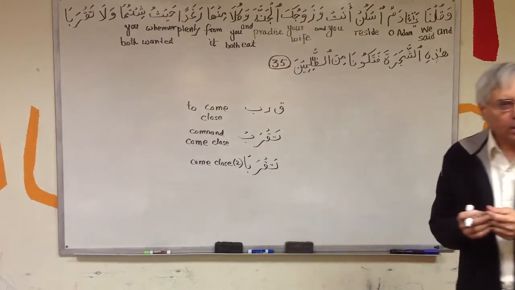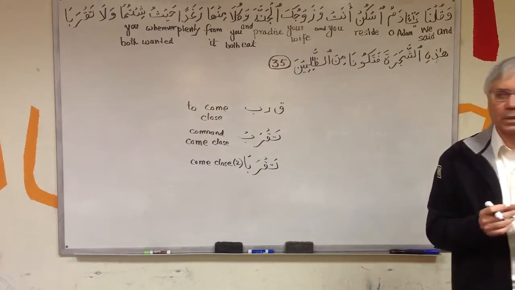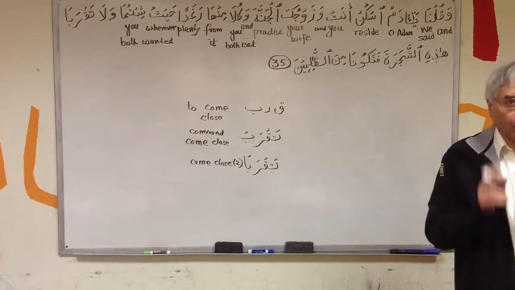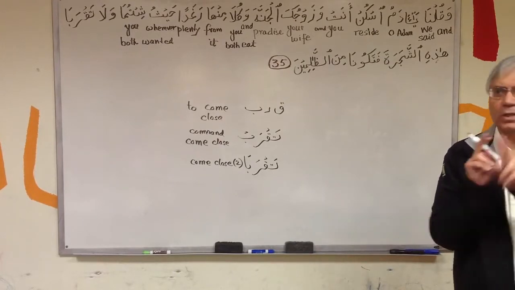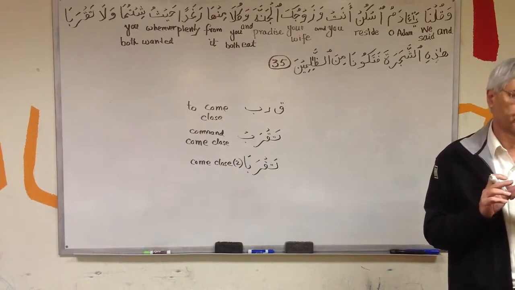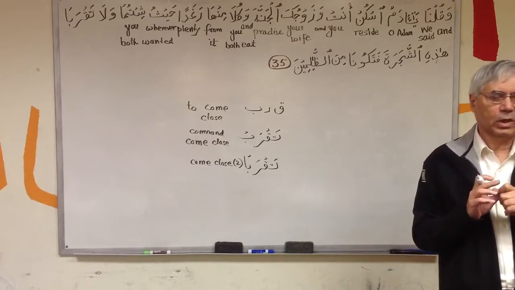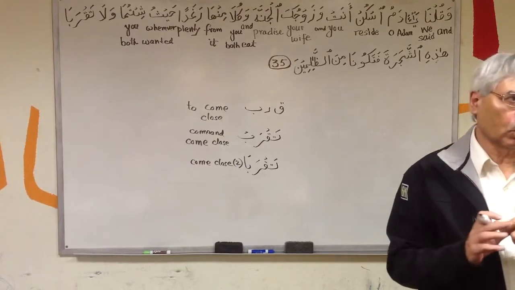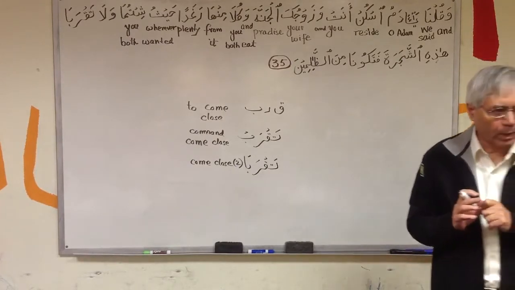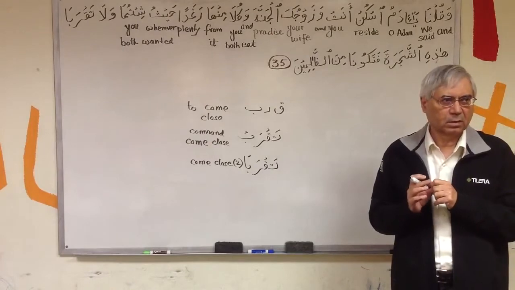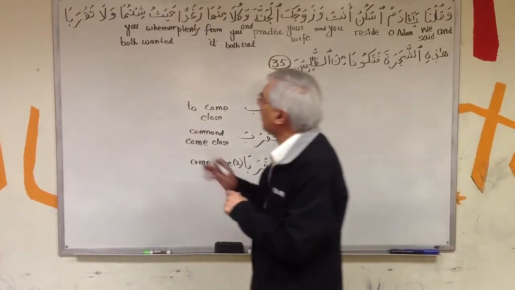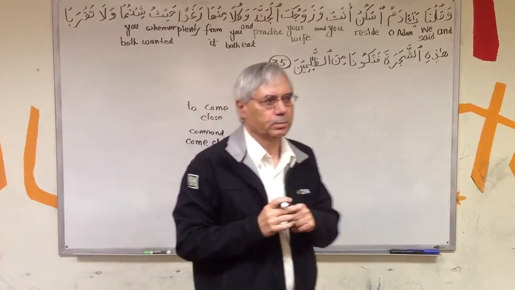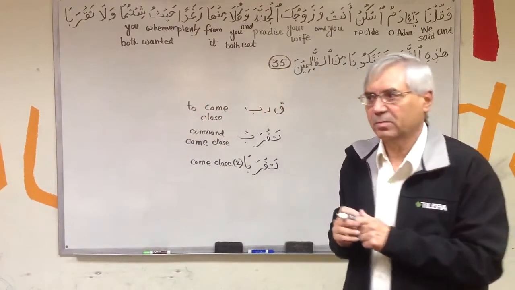La taqraba, don't come close. La means not. La taqraba, both of you. The instruction is to both of them. So Allah subhanahu wa ta'ala is instructing both of them, don't come close. Wala taqraba, or don't come near. Wala taqraba, and both of you do not come close or near.